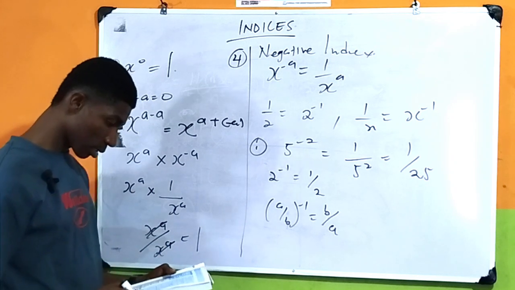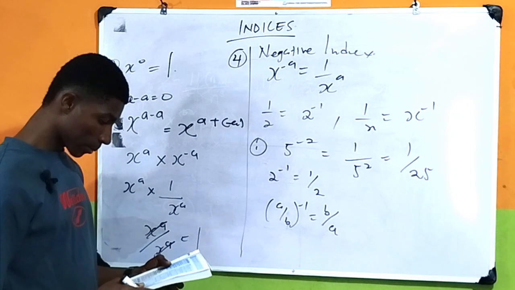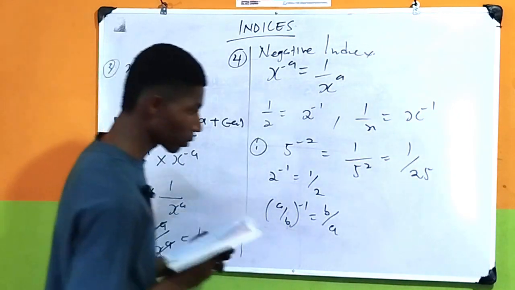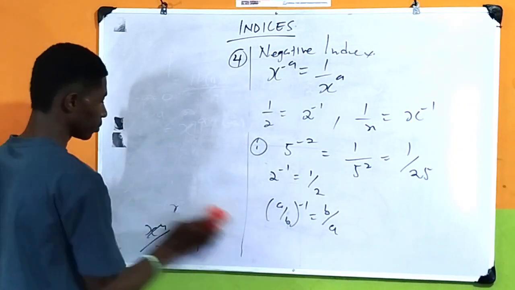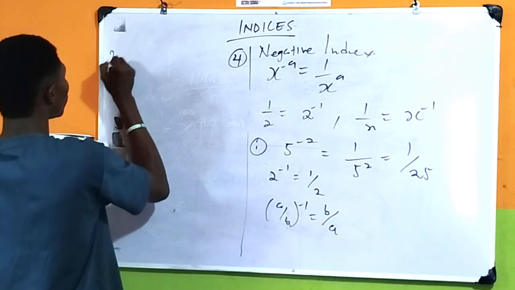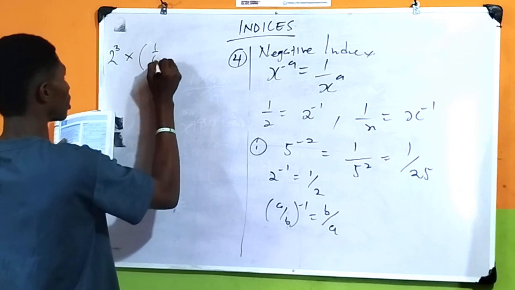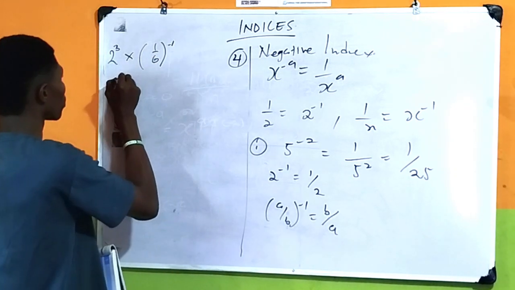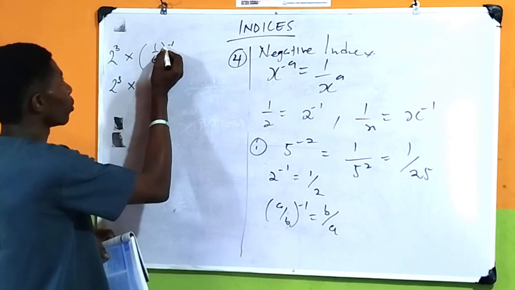Now, let's take some examples. 2 cubed times (1 over 6)^(-1). What is this?